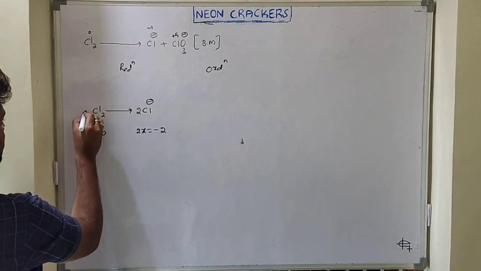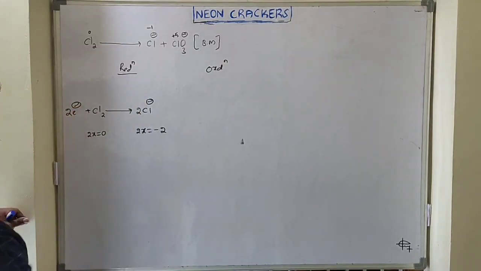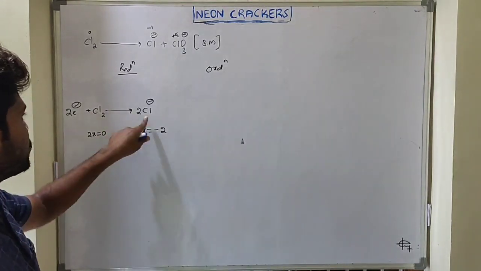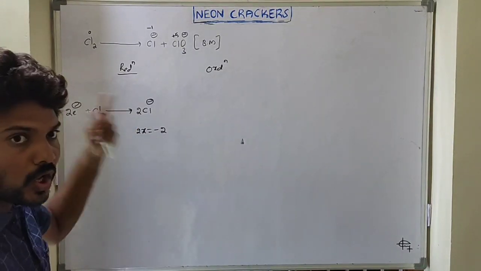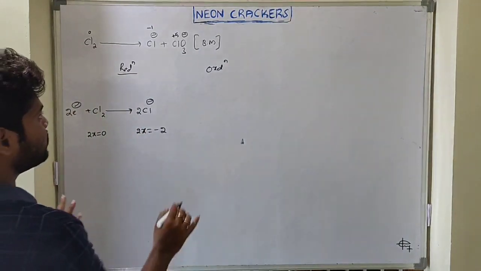Addition of electrons, of course a reduction reaction. So addition of 2 electrons. After that there is no further balancing of oxygen atoms and hydrogen atoms because no other atoms are there. Leave this equation.